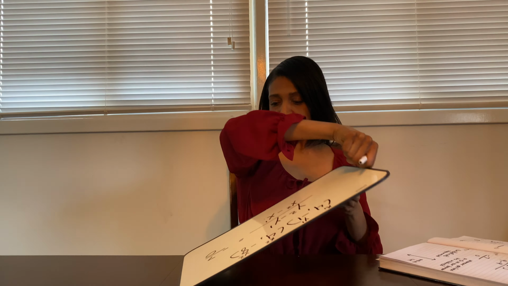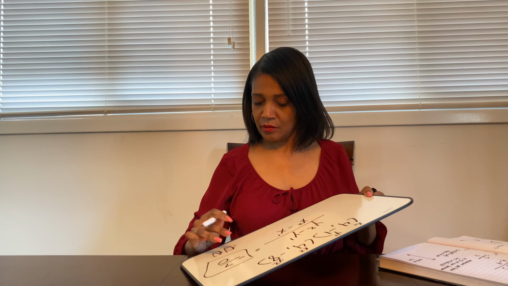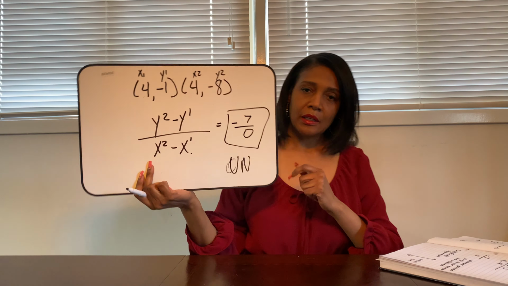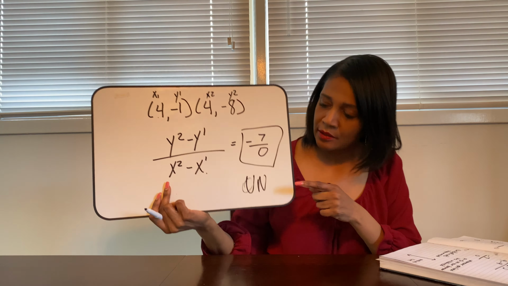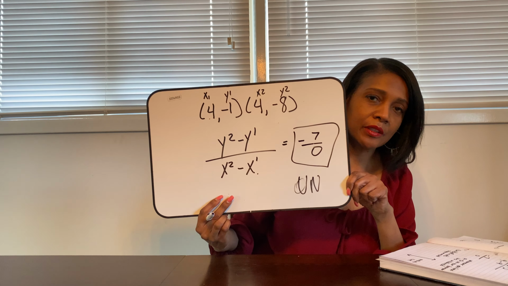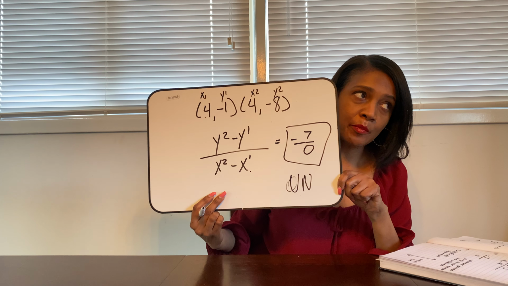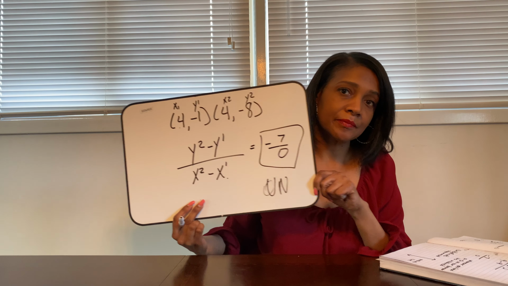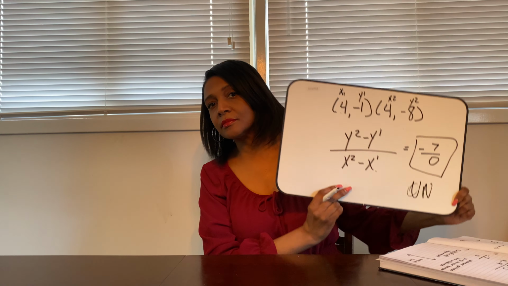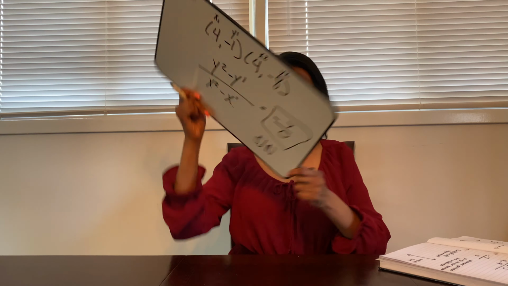Your answer should come out to be -7/0, which ultimately is going to be undefined. Anytime you have a number over 0, your answer is going to be undefined. Got it? Good. Okay.